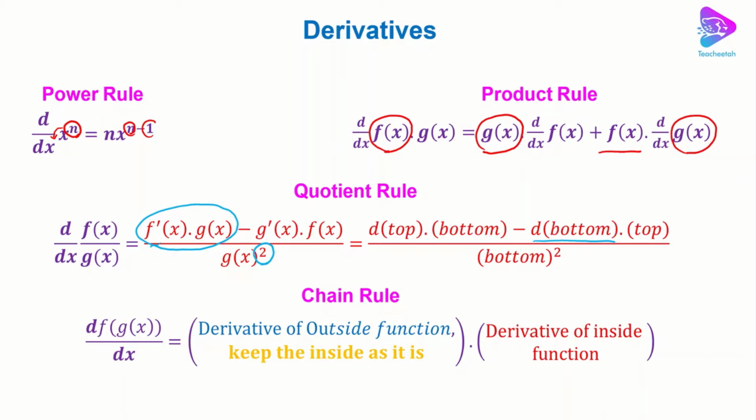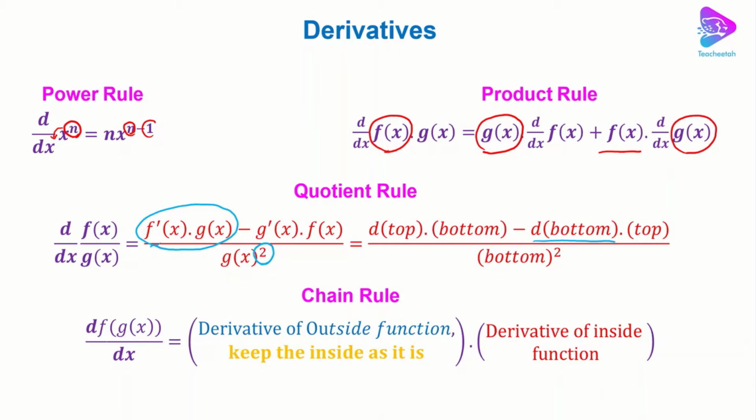The last rule that we looked at and learned was the chain rule, which is one of the most important rules in derivatives. The rule says that when we have a function like f(g(x)), first we have to take the derivative of the outside function and keep the inside as it is.